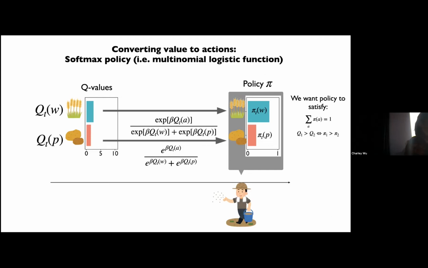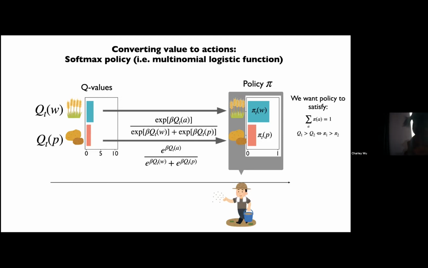In that case, without the exponential, we could just take a proportion of Q values, but a mix of positive and negative numbers would mess up the probability. So the easiest way is to use the exponential so that everything is positive.